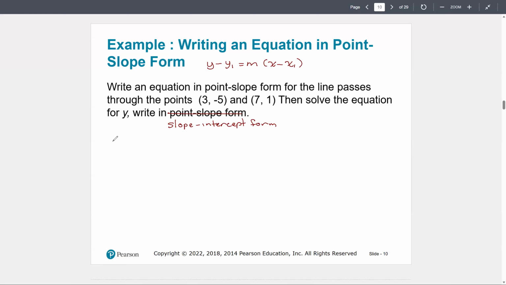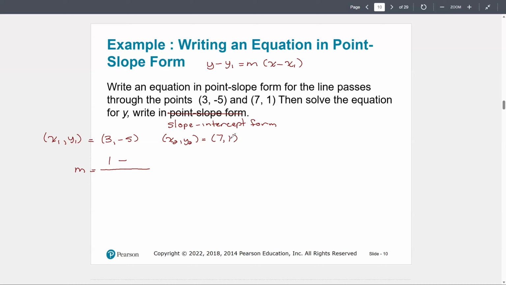So let's say these points are going to be my x1, y1, and these points are going to be my x2 and y2. Like I said, it doesn't matter which ones I pick. And my slope is going to be, so remember, y2, so it's going to be the 1.